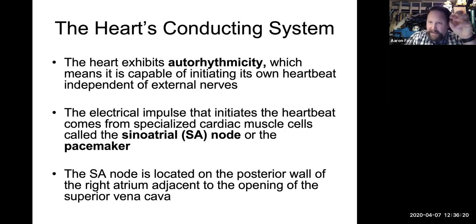These cells will spontaneously depolarize and start passing action potentials from one cardiac muscle cell to another, and then it will expand across all the atria, and then all those cells will start contracting one after another, just like a row of dominoes.